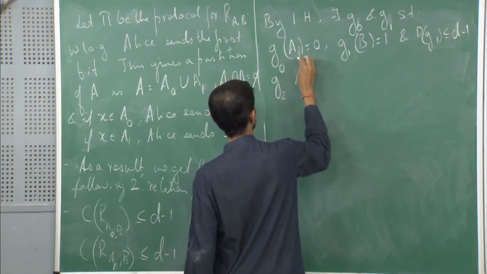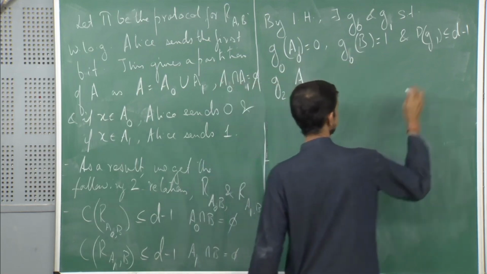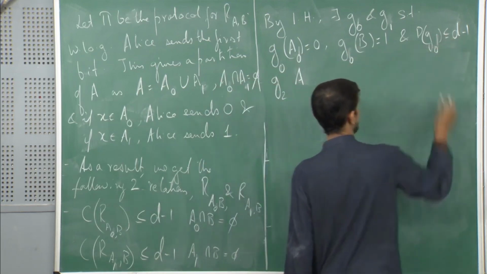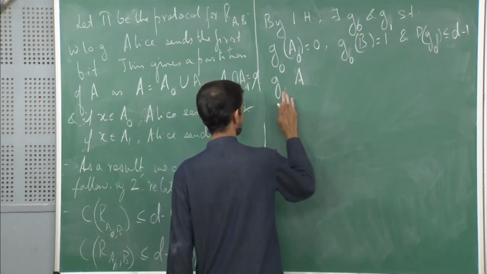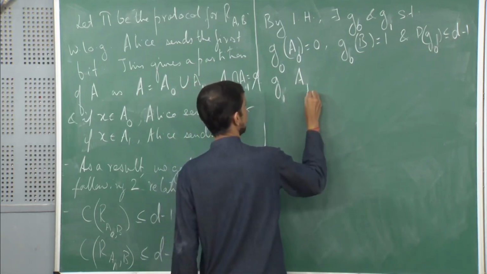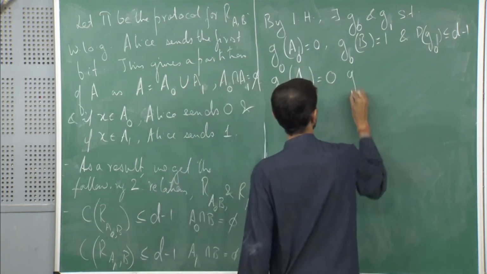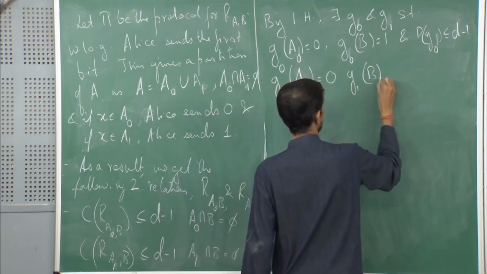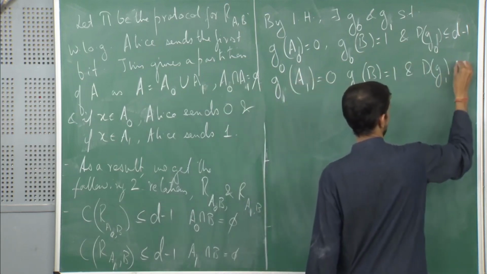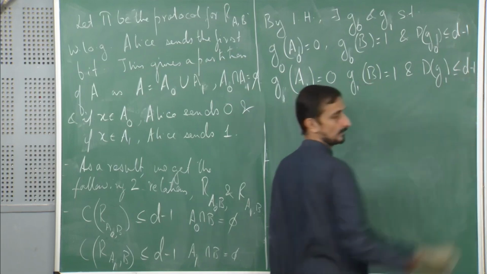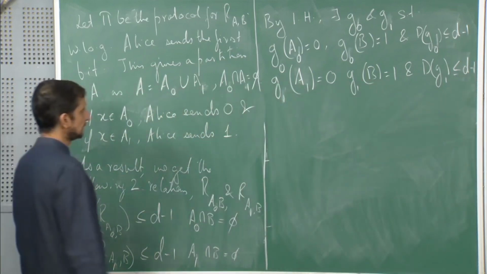So G0 of A0 is 0, G0 of B is 1, and D of G0 is at most D minus 1. Similarly, G1 of A1 is 0, G1 of B is 1, and D of G1 is at most D minus 1. Okay.